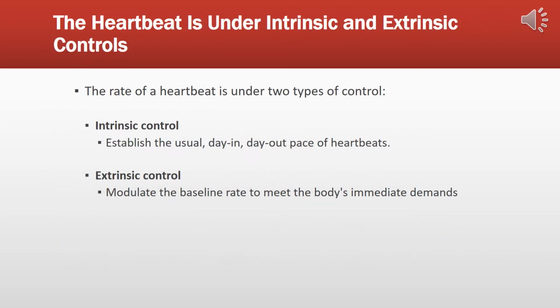The rate at which your heart beats is actually under two types of controls, and we'll go into more detail about these in the following slides. So we have intrinsic controls, and these controls establish the usual day in and day out pace of our heartbeats. And then we have the extrinsic controls, which modulate the baseline heart rate to meet the body's immediate blood demands.